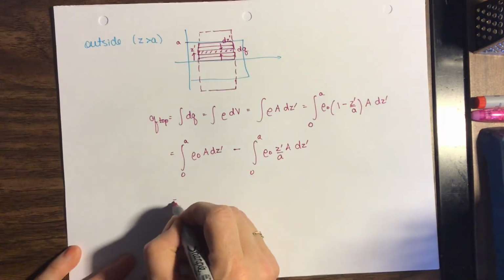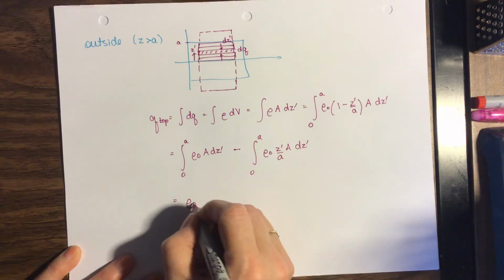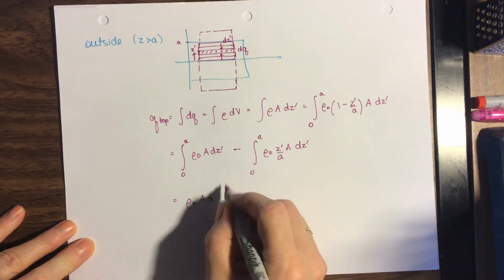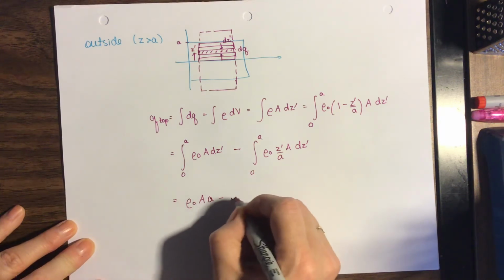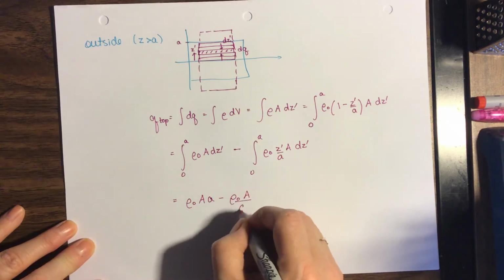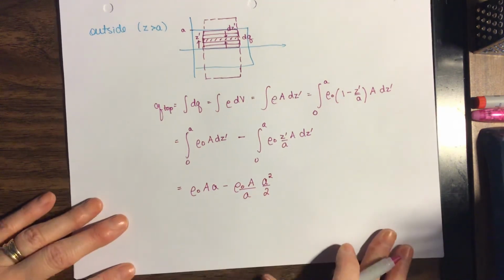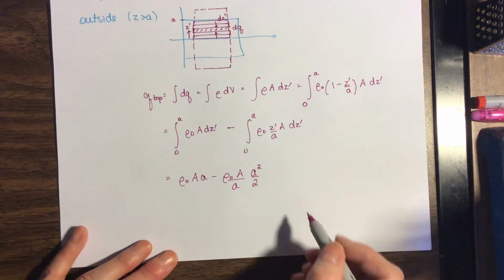And then that's going to boil down to rho naught times A times the total thickness of the plane, minus rho naught times A over A times A squared over 2. I won't go through all those steps again. I'm sure it's pretty boring to watch.